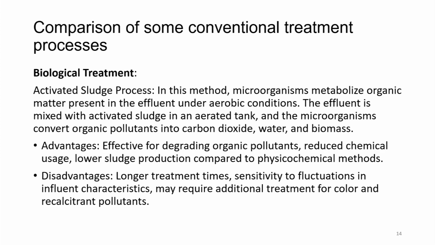Advantages are that it is effective for degrading organic pollutants, with reduced chemical usage and lower sludge production compared to physicochemical methods. Disadvantages: longer treatment times, sensitivity to fluctuations in influent characteristics, and it may require additional treatment for color and recalcitrant pollutants. So, as we see that there are advantages and there are disadvantages in every method that have been tried out for removal of color and organic pollutants in the textile effluent.